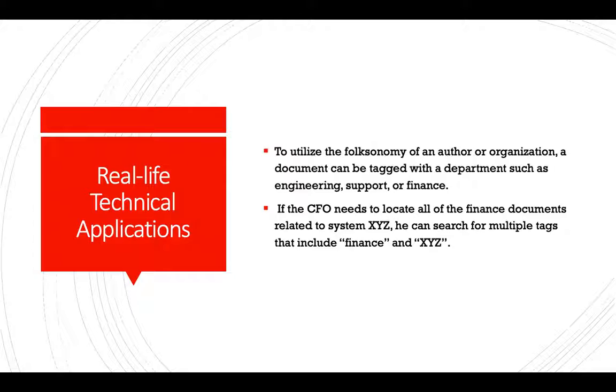A chief financial officer of a company could easily look for all the finance documents related to system XYZ by including multiple tags for finance and XYZ. That way the search is more specific, whereas in the first example it was everything that had that word in the title, whereas this has finance and XYZ.